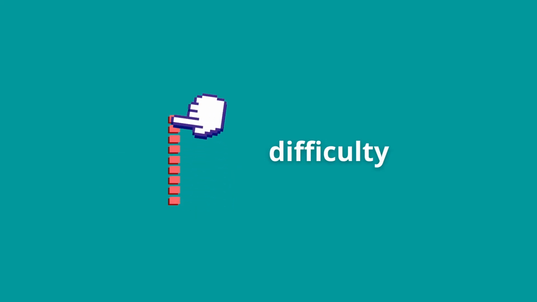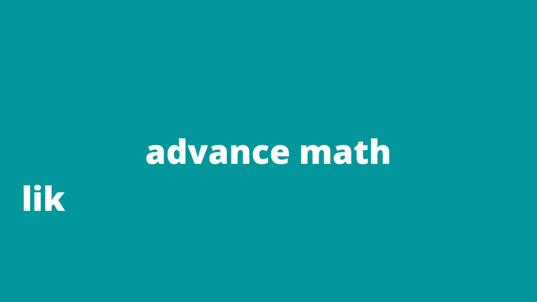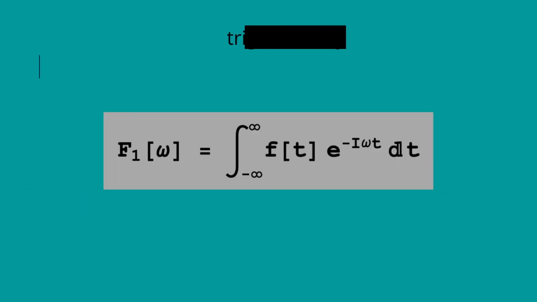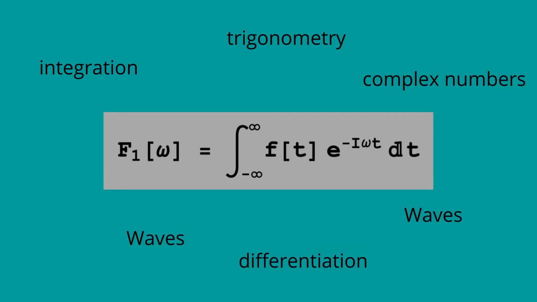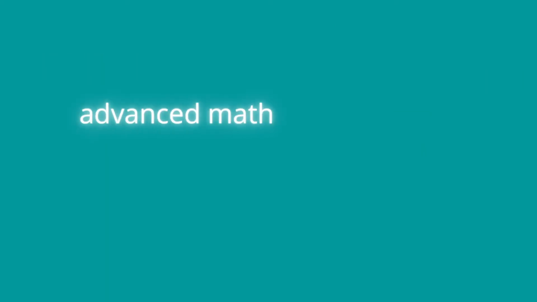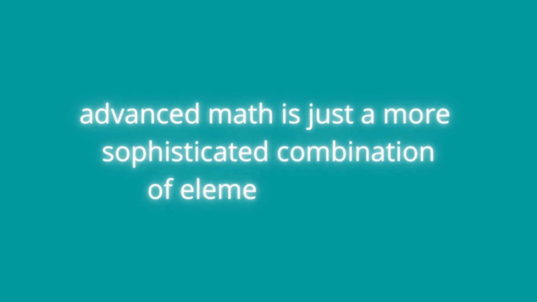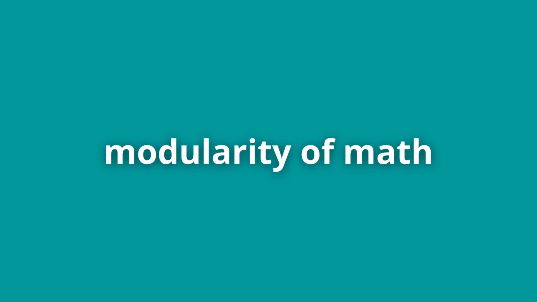Now, as we start to ask more difficult questions, we will need more advanced math, for example, Fourier transformation. But if we strip down this equation, we get back the more elementary operations and functions. This goes to say that advanced math is just a more sophisticated combination of elementary math. This is all because of the modularity of math itself.